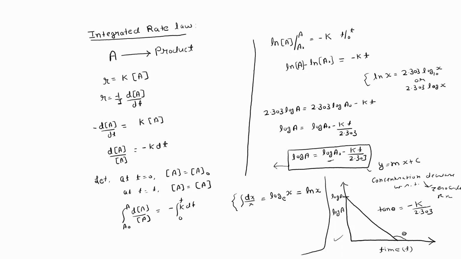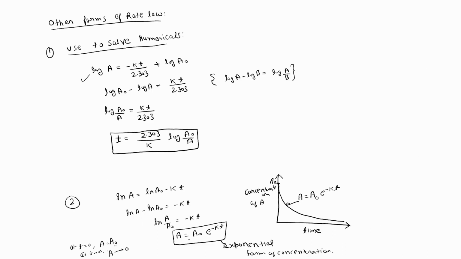It is minus 1 by 1 dA by dt, and from those two equations we have our rate expression, which is in this form, in time form, which is used to solve the numericals.